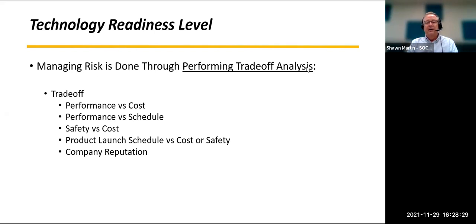Or if you're a very aggressive public company, like let's say Apple is, product launch schedule is extremely important to stakeholders and their stock price, but they also always have to balance that against cost and safety, and also company reputation, which is so important.